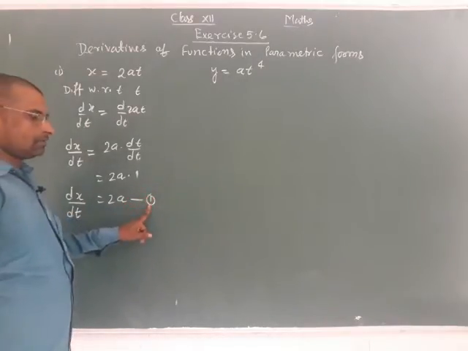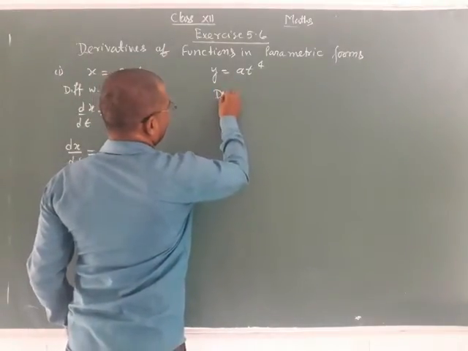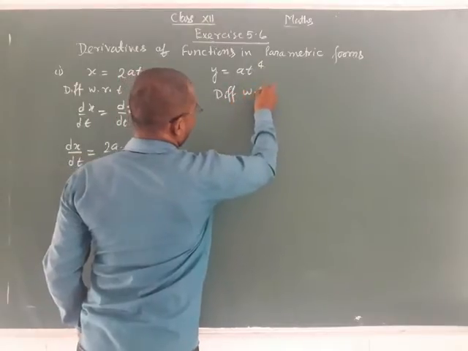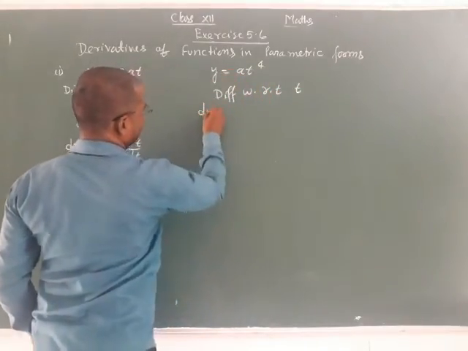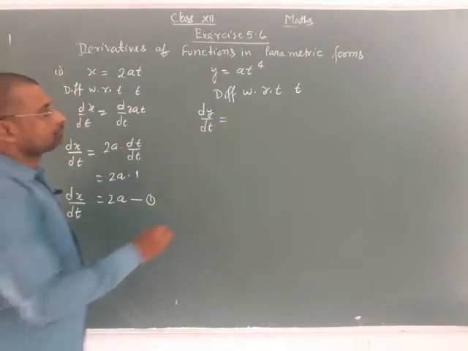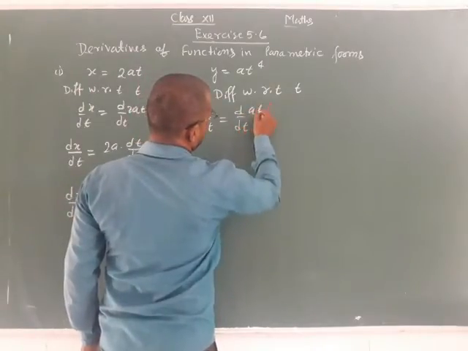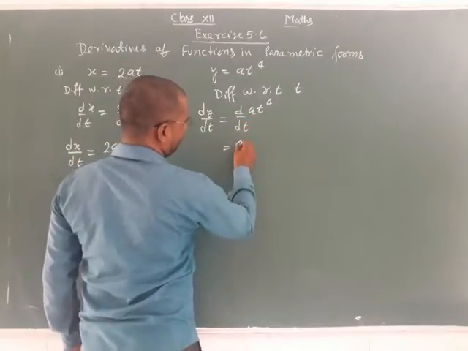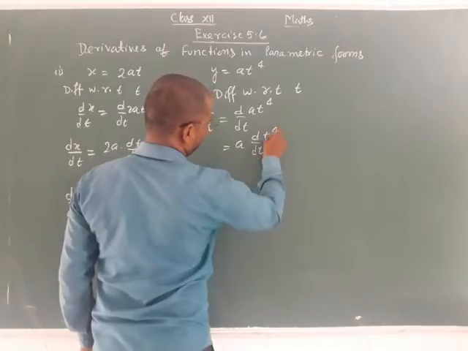Let us take the first equation and also differentiate with respect to t. So dy upon dt is equal to d upon dt of at to the power 4. Taking a common, d upon dt of t to the power 4.